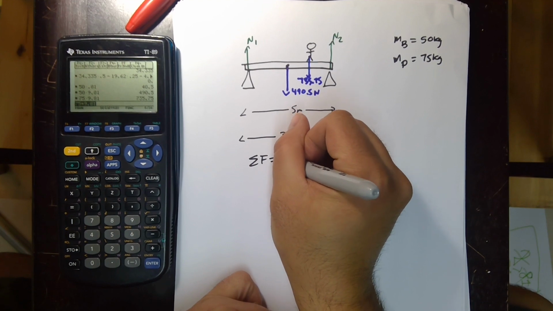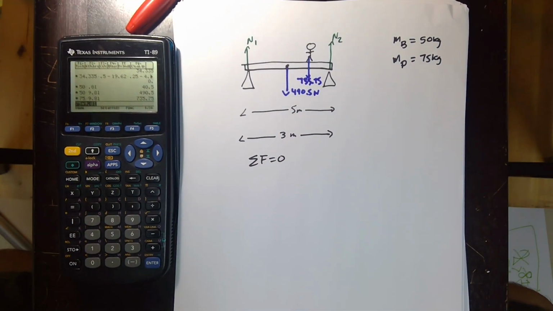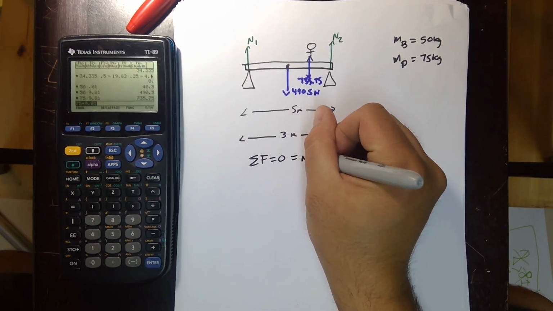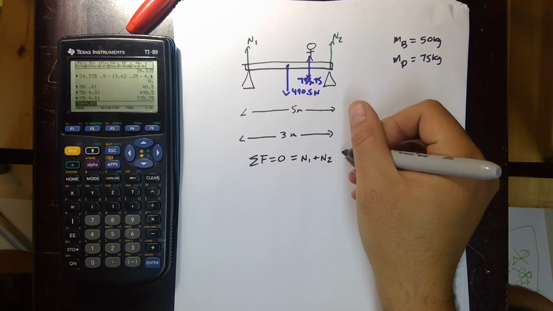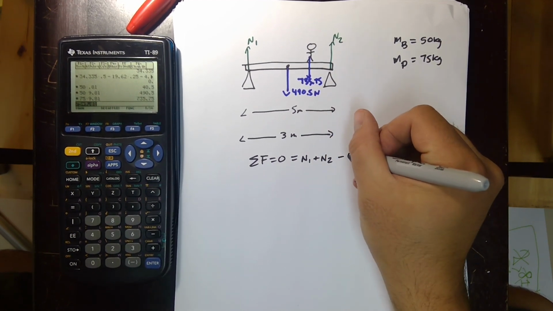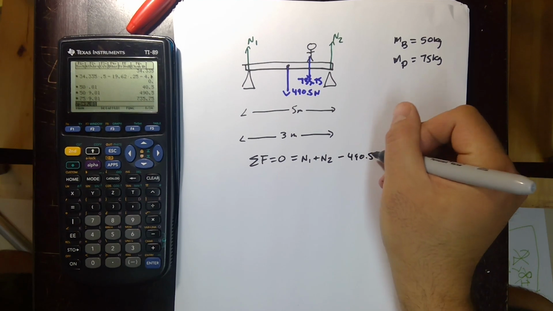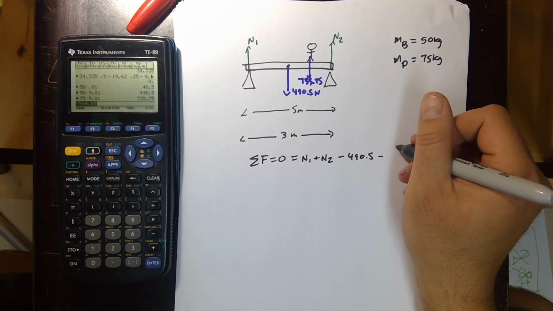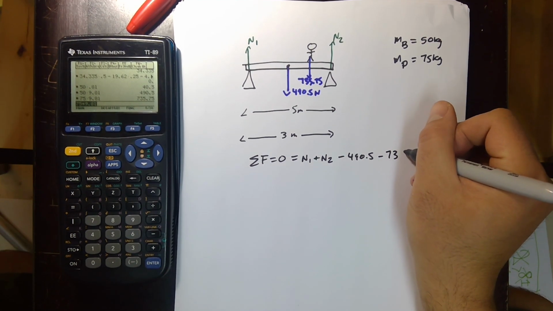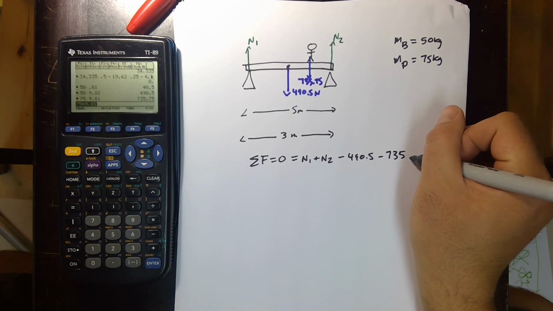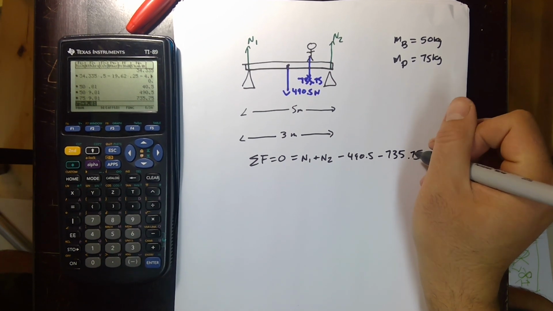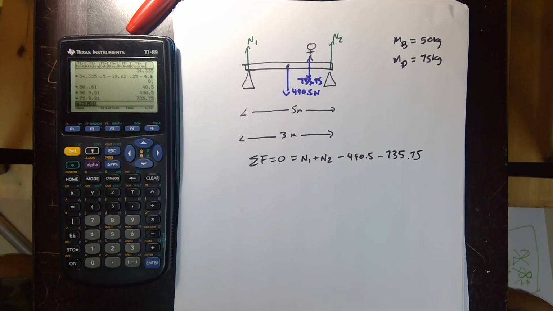I do know that the net force on the board is equal to 0. It's not moving. N1 is pushing up, N2 is pushing up. You've got your two forces down, which are 490.5, the weight of the board, and the person pushing down with a force equivalent to his own weight, 735.75. You've got two unknowns here, so you can't solve it using this expression.